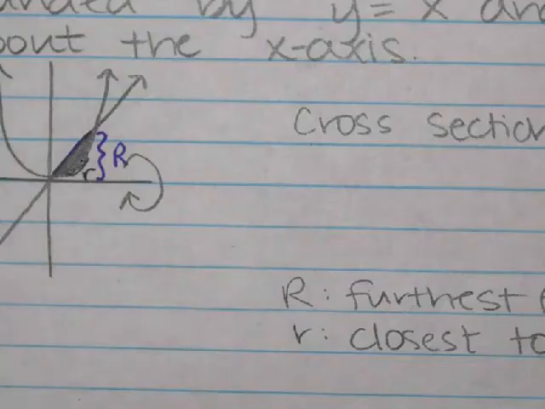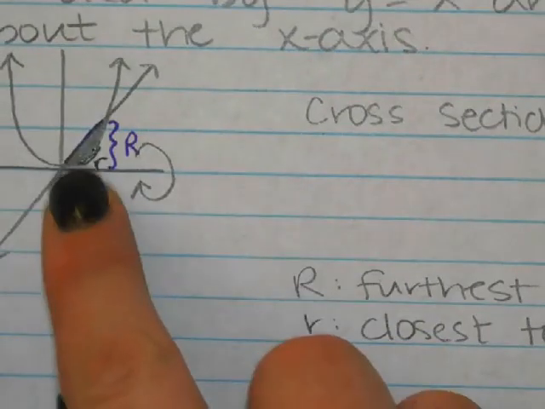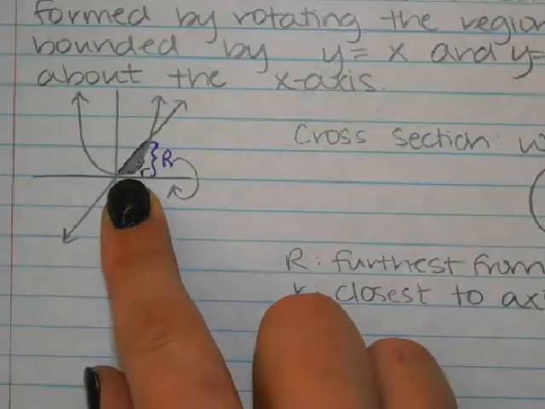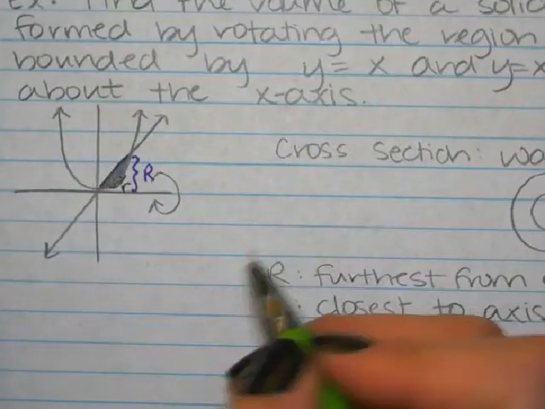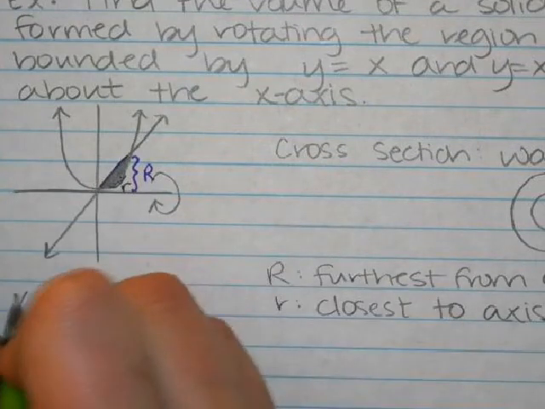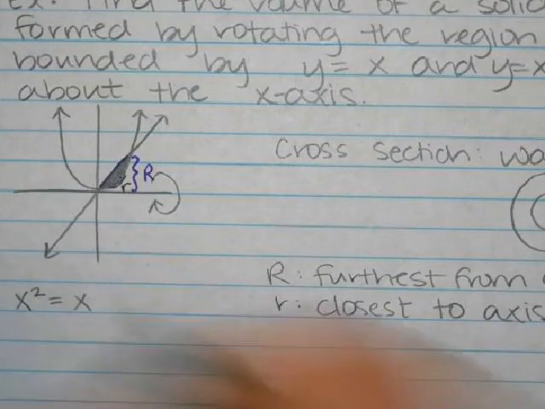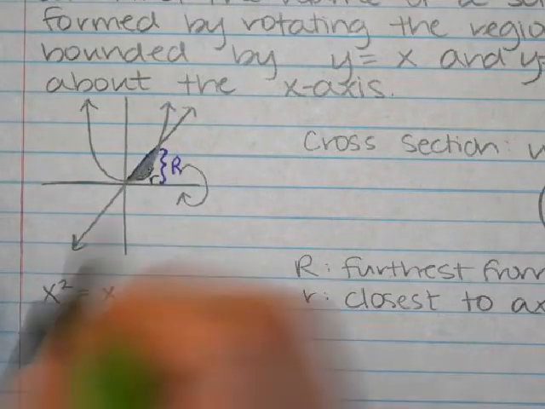Okay. So for this problem, we know that these two lines are going to cross at 1. We could set that up and solve it. Let's go ahead and do that so we have a good example of that. I'm going to set these two equations equal to each other. x squared equals x. And I'm going to solve that because I want to know where they cross.